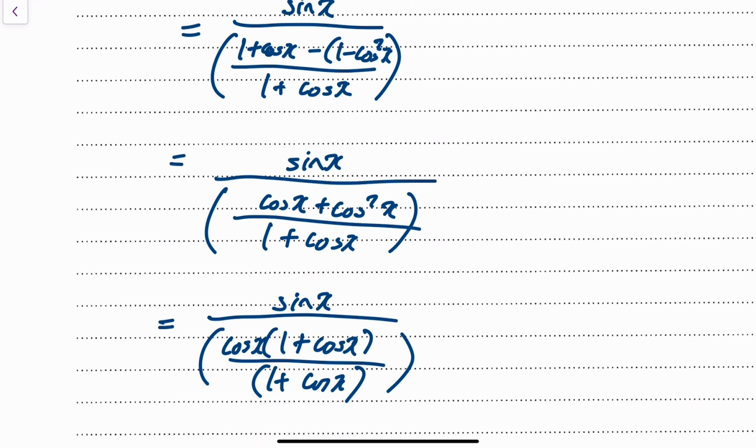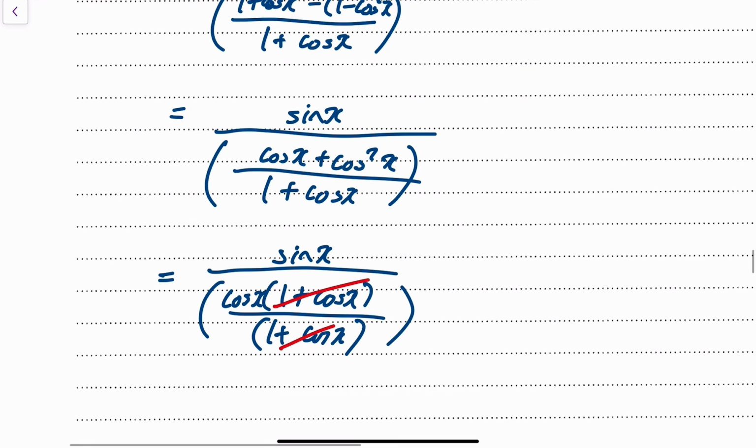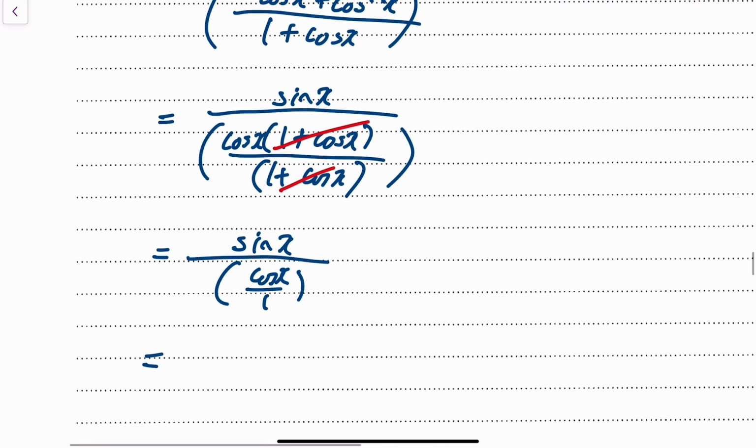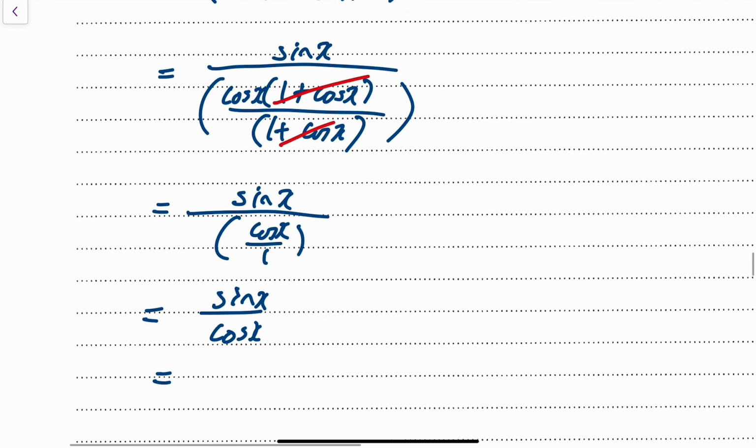Sometimes people like to put a bracket around it to make it a wee bit clearer. So really what you've got then is just sine x divided by cos x over 1, and that's just the same as sine x divided by cos x, which is the same as just tan x. Not an easy proof, but well, I enjoyed it.